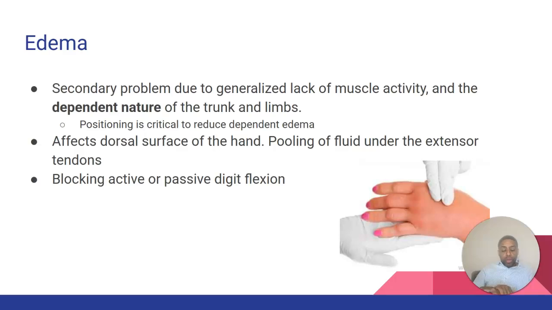So anytime we're using our hands, our legs, the muscles are contracting, relaxing, so they push fluid up, and they push blood in the veins in an outward fashion, as far as the blood is concerned, traveling back up to the heart. And so because with hemiparesis there's lack of muscle activity, fluids are not circulating, and because of the dependent nature of our arms, fluid then starts to accumulate distally into the hand.